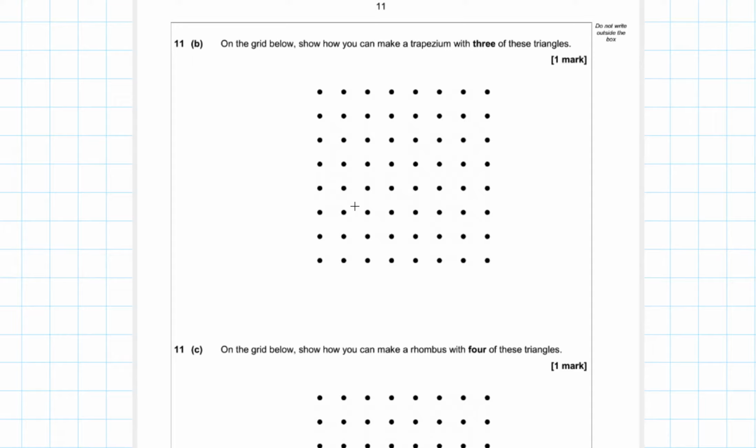So the next one we've got is a trapezium. Remember, for a trapezium, one of your sides is going to be bigger than the other, and you can use 3 of the triangles to create it. So some options you might have, you might make one of the 1, 2, 3 with a triangle here. Remember again, the triangle has got one side of 3 and one side of 2.